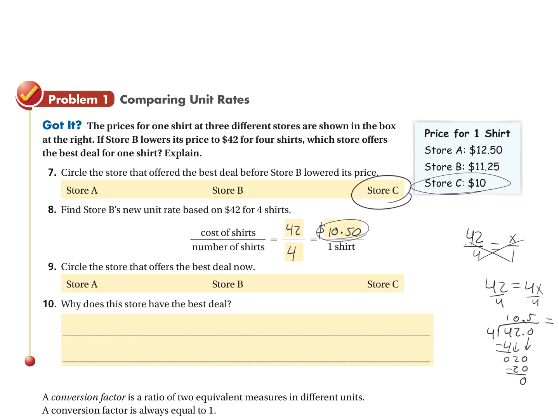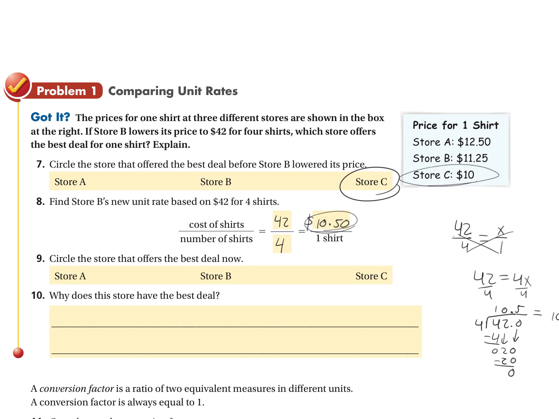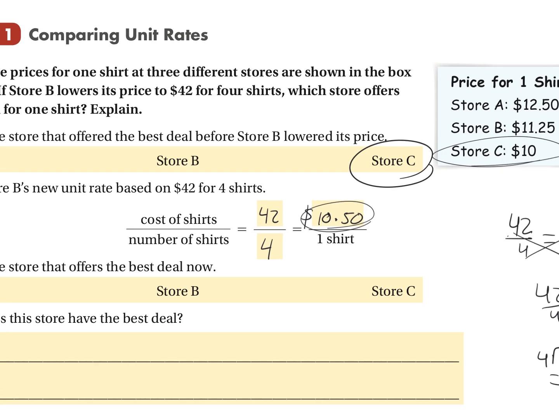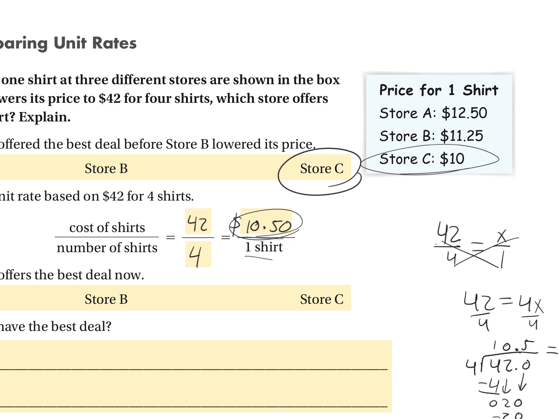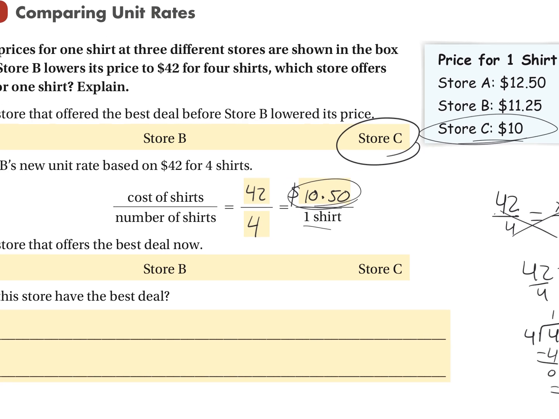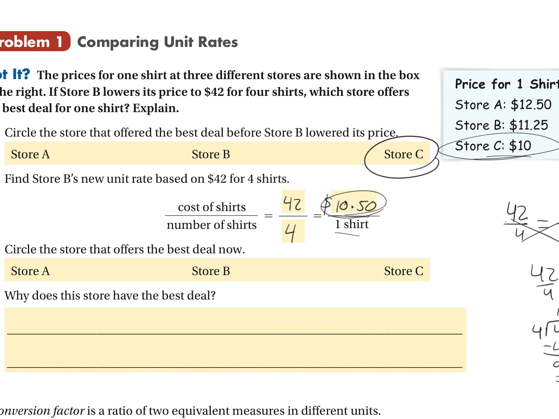All right, now which store offers the best deal now? It looks like it's still going to be store C, because we have $10.50 for one shirt, but that's still not as low as store C. So store C would still have the lowest price. All right, so let's just write that down in a sentence.